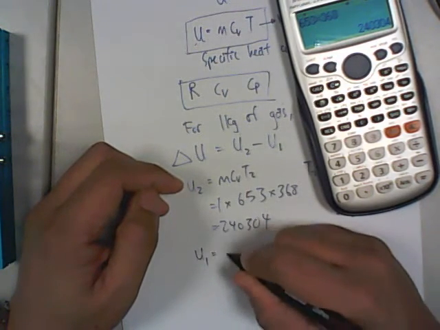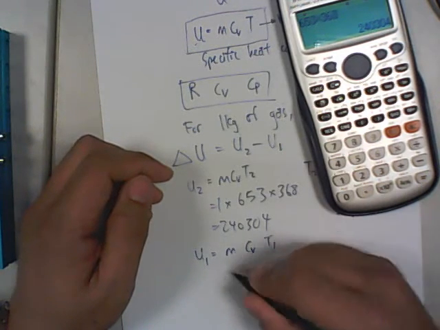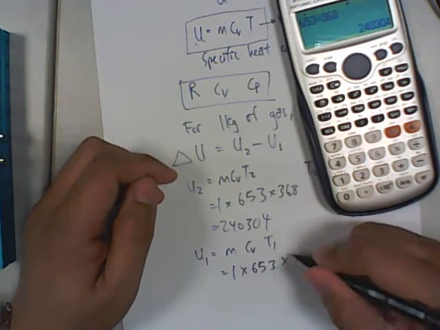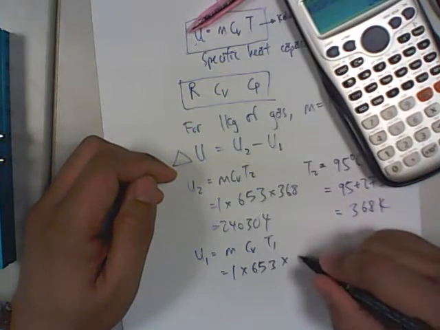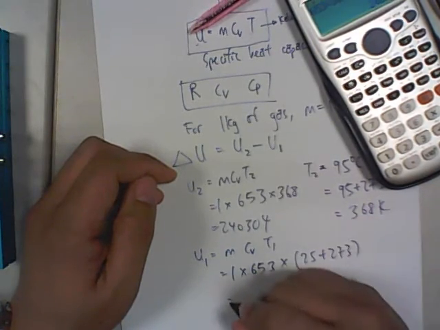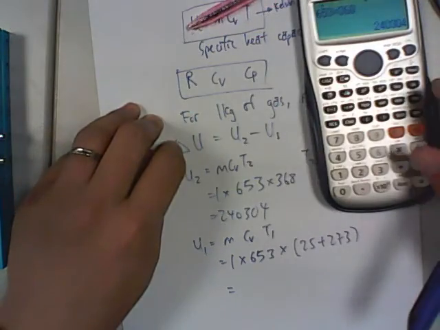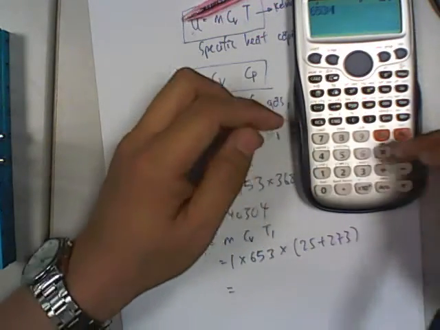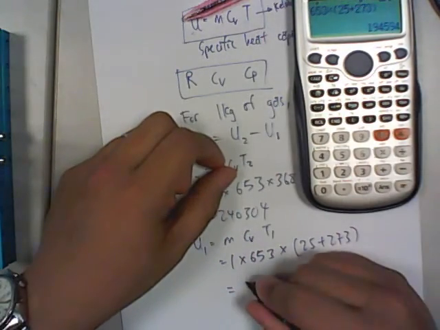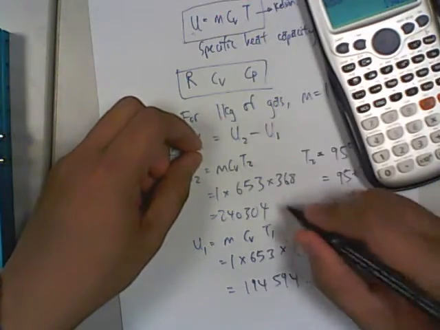240,304 joules. U1 is the same mass times the same Cv times the original temperature. So this is 25 degrees Celsius, expressed in Kelvin. That gives 194,594 joules.